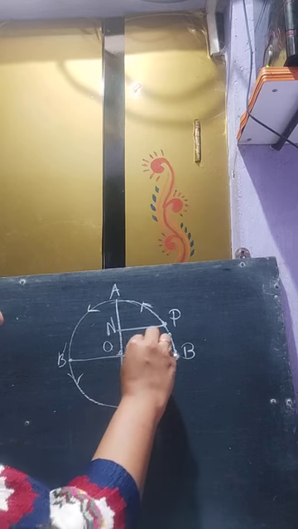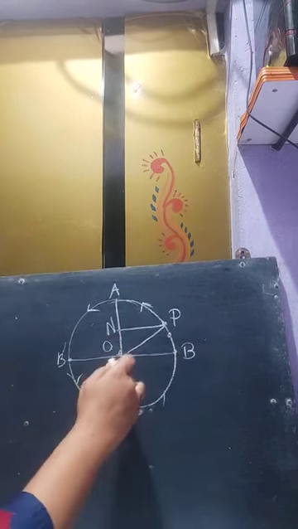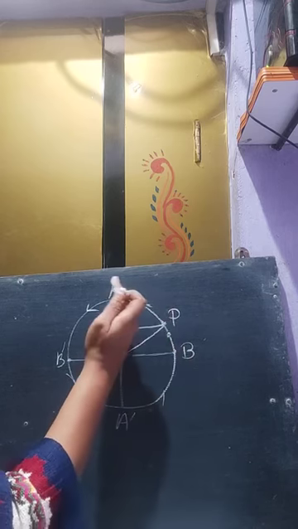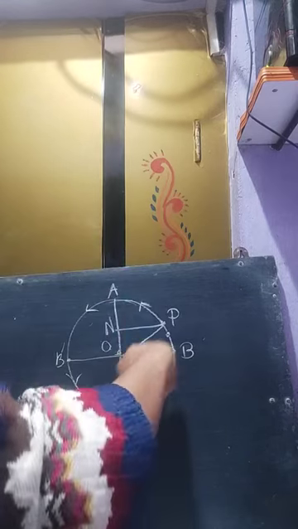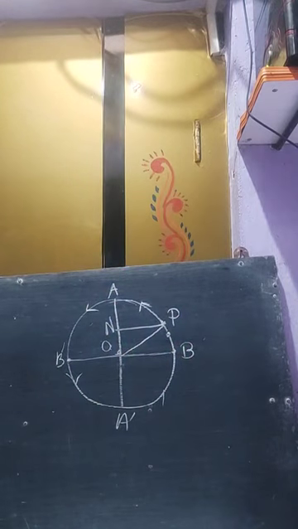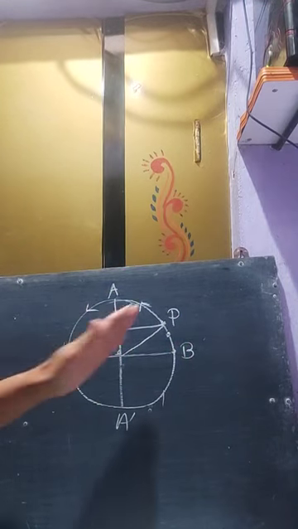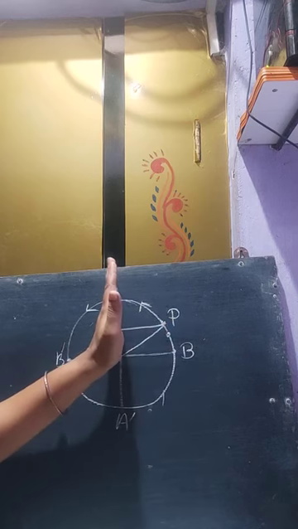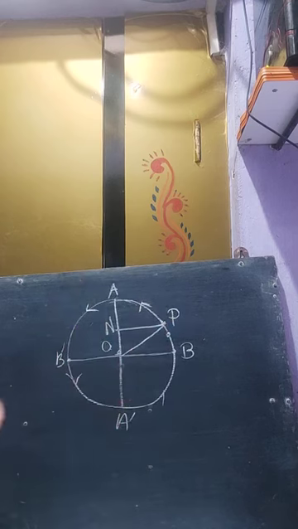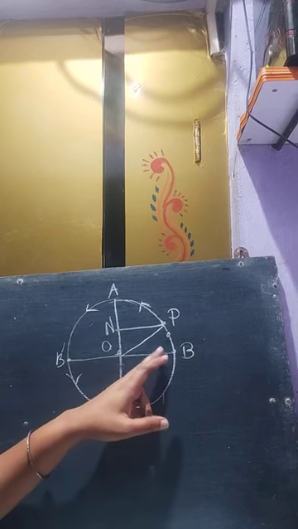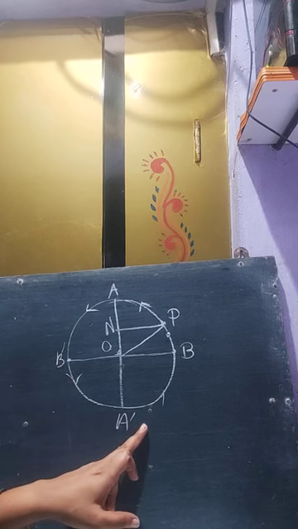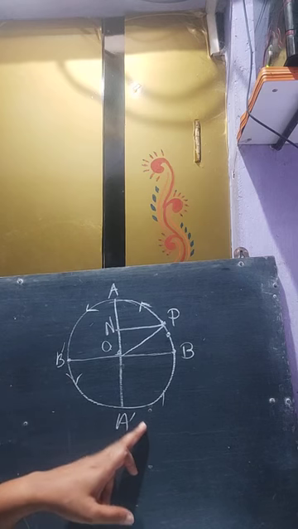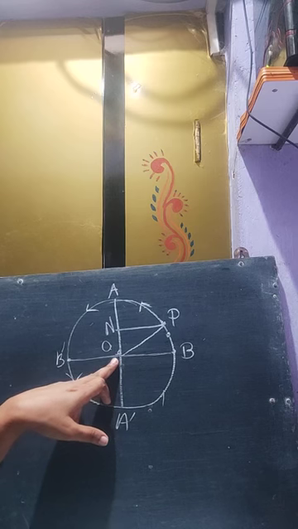Like this, here is one projection, then another projection, then coming to this, then to this. The particle keeps rotating and making projections along the diameter. When the particle goes along the circumference from B dash to A dash, the projection moves along the diameter from O to A dash.